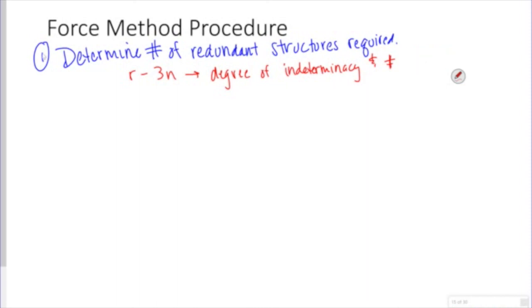I'll write out redundant, because if not, I'm writing red and red. Redundant structures. Right? Draw them.